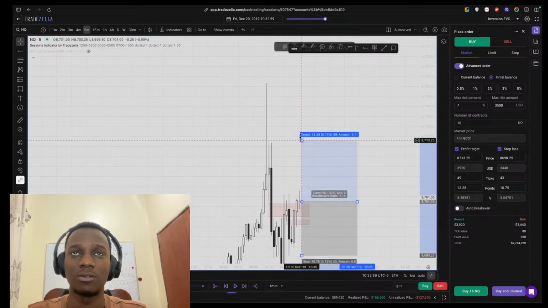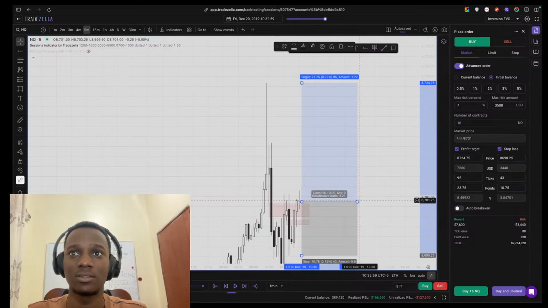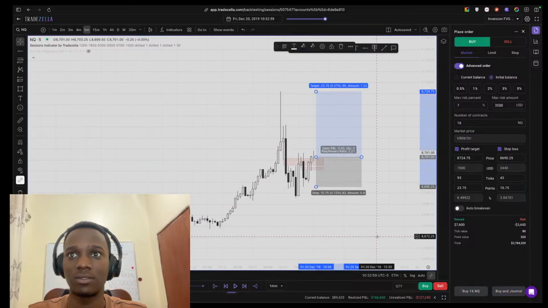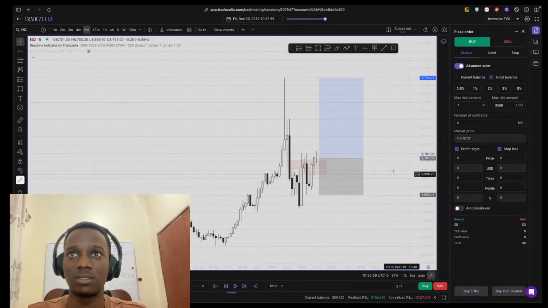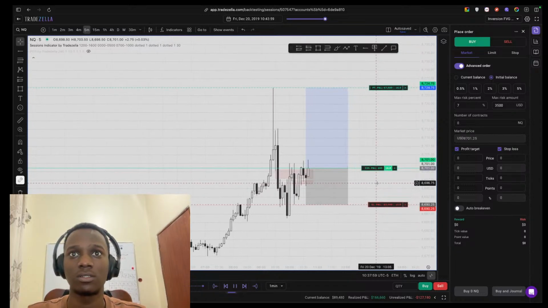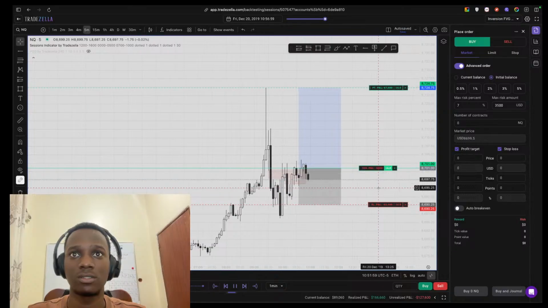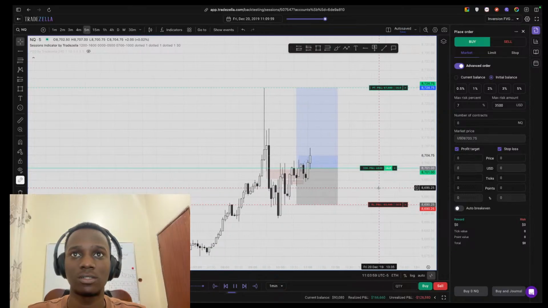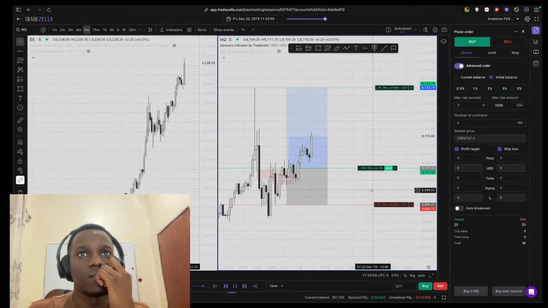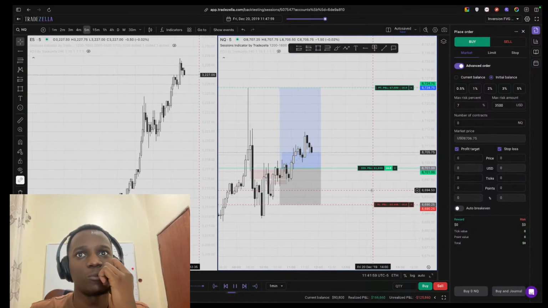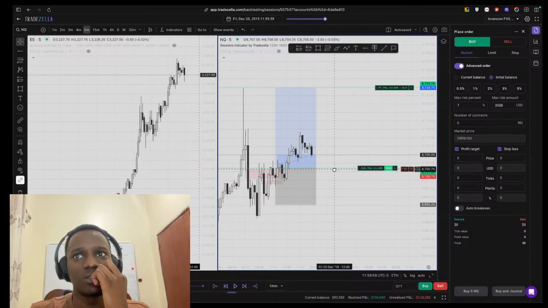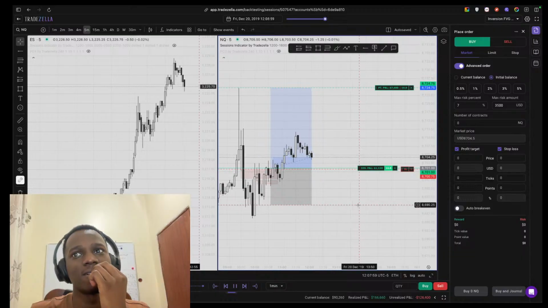Now we'll be targeting all the way to this high. Hey, doesn't want to push higher. Yes, has already hit the target. You're gonna get the total break even, I can see it.